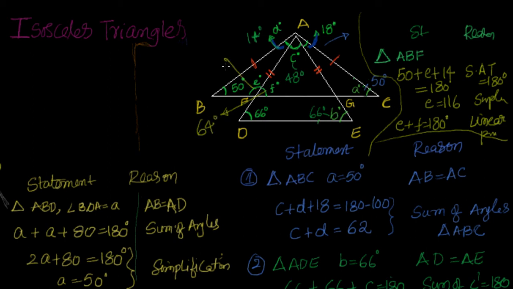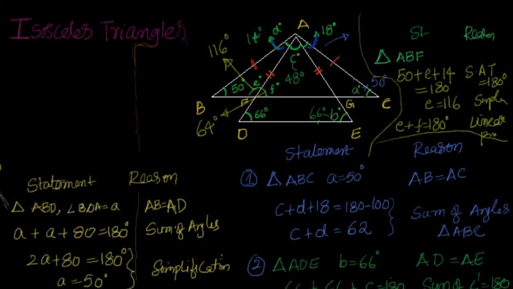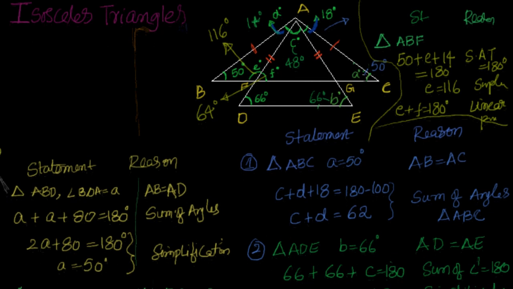And what is the value of E? E is equal to 116 because they both make a linear pair of angles. So in a nutshell, we have just applied whatever theorems we have learned. Other than that, we should be well versed with linear pair of angles and also the property that an exterior angle equals the sum of two interior angles, and the sum of angles of a triangle is 180 degrees.